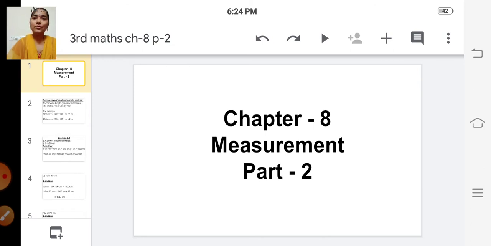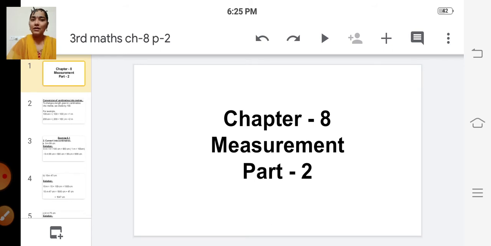Okay. So, in the previous class, we started a new chapter, right? What is the chapter? Measurement, right? And we have learned some units: centimeter, meter, kilogram, grams, like that, right?